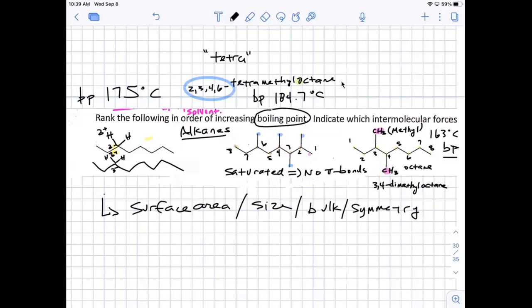But sometimes, if you have symmetry, then it allows even those bulky groups to pack, because this is all about packing, how these things stack on top of each other. And it's got the same number of carbons in the backbone, so the surface area is slightly different because of the groups, but it's not that much different.